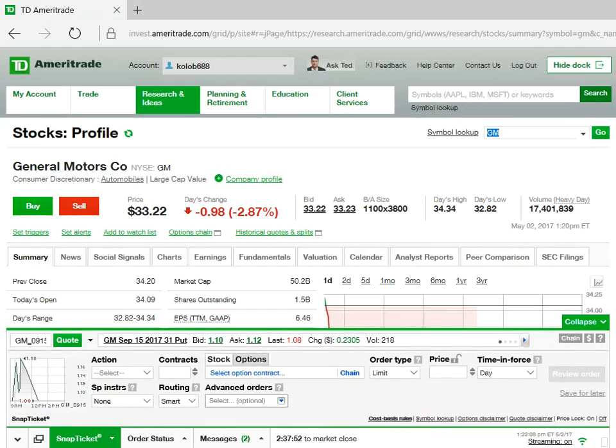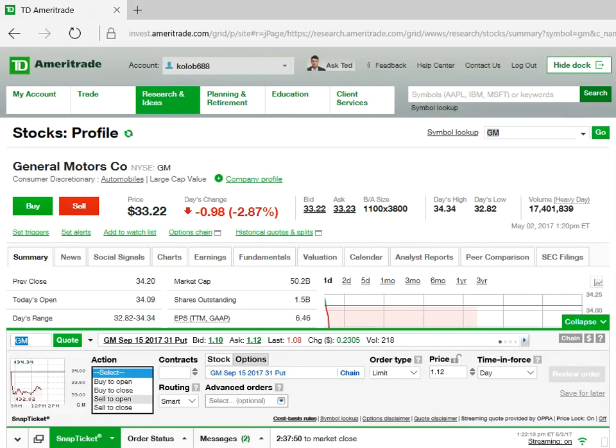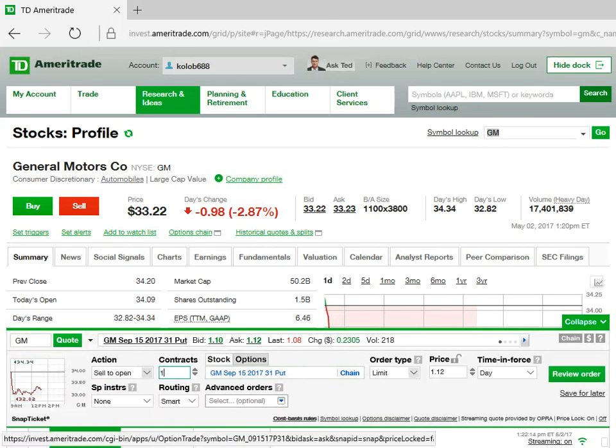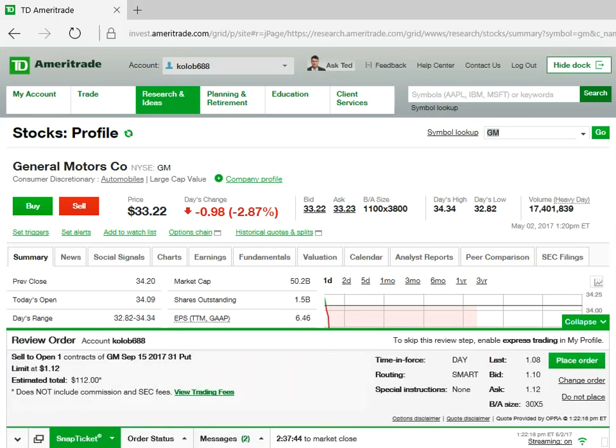You collected that when you opened the contract. You sell to open. This is what it means to write put options. You put in a contract, and you click review order, and there you go. You get $112. So you would have lost $400, but you would have made $112, so your net loss would be about $290 and some change.